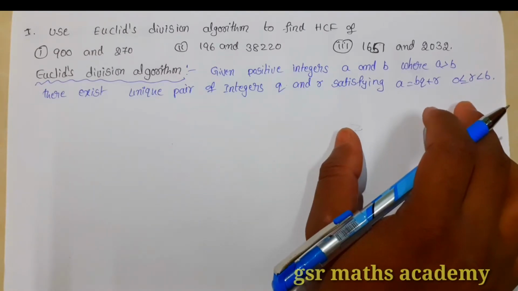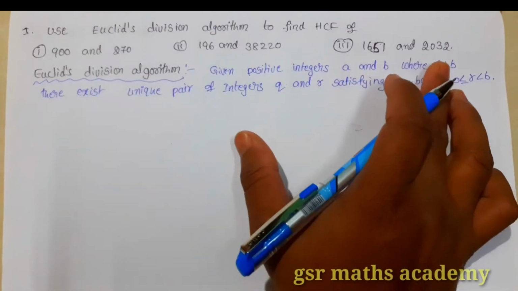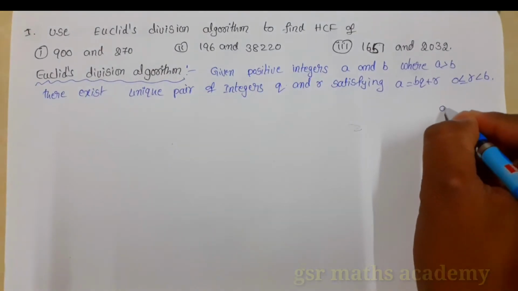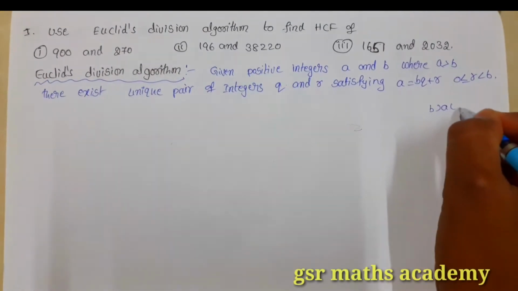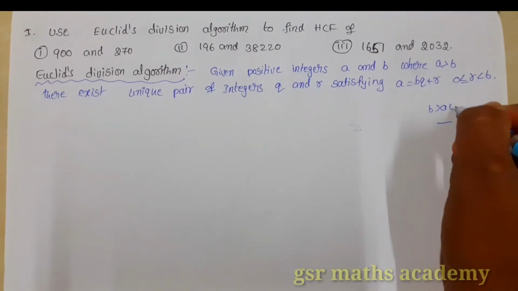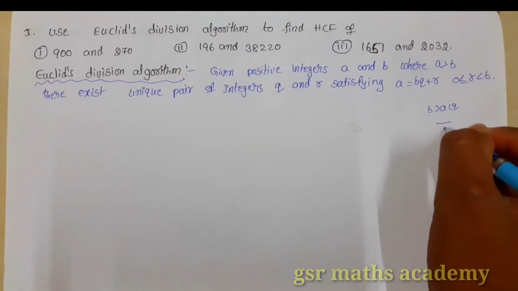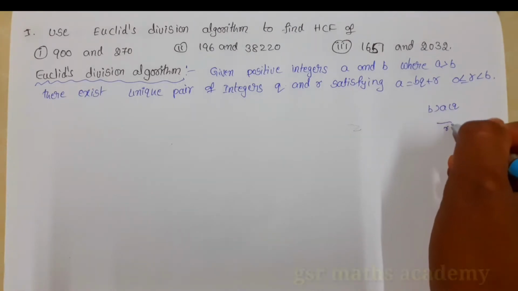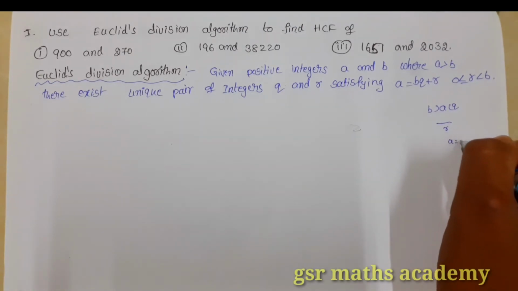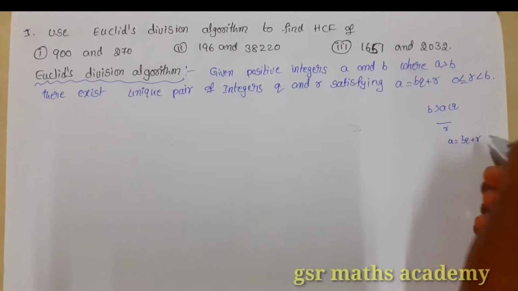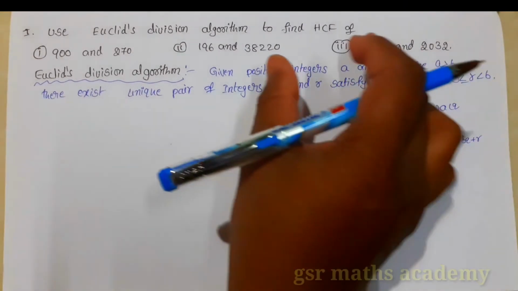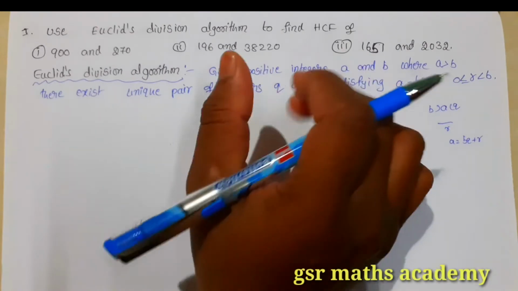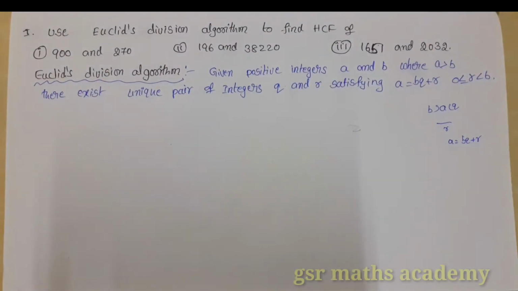If you take any two positive integers a and b where a is greater than b, on dividing a by b, you get two numbers, quotient and remainder. Then by using dividend is equal to divisor into quotient plus remainder, this a can be written as b into q plus r. This is only given in sentence form as a division algorithm. So by using this we need to find out HCF of these three pairs.